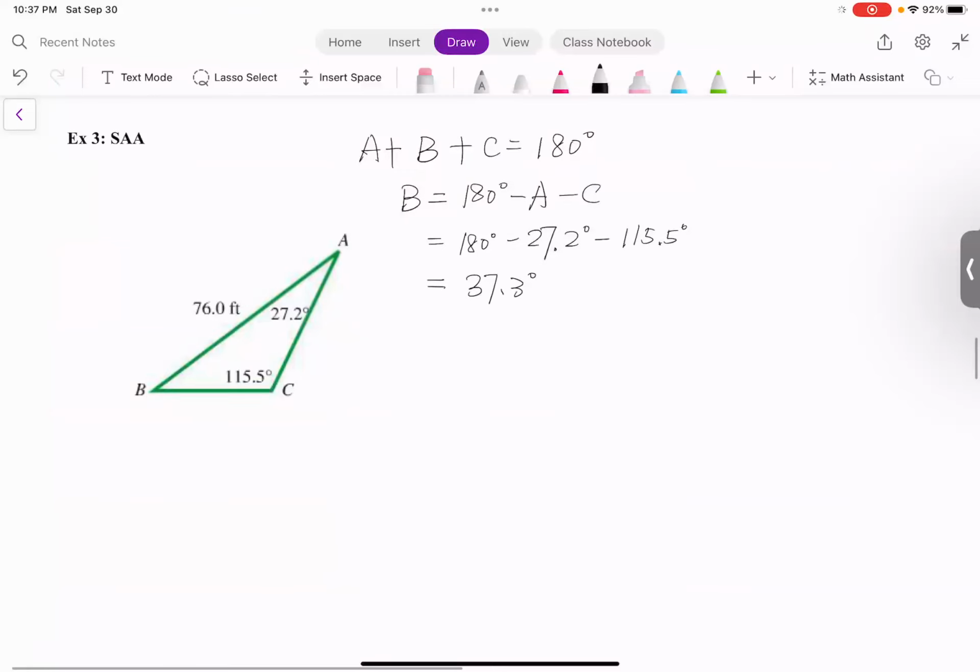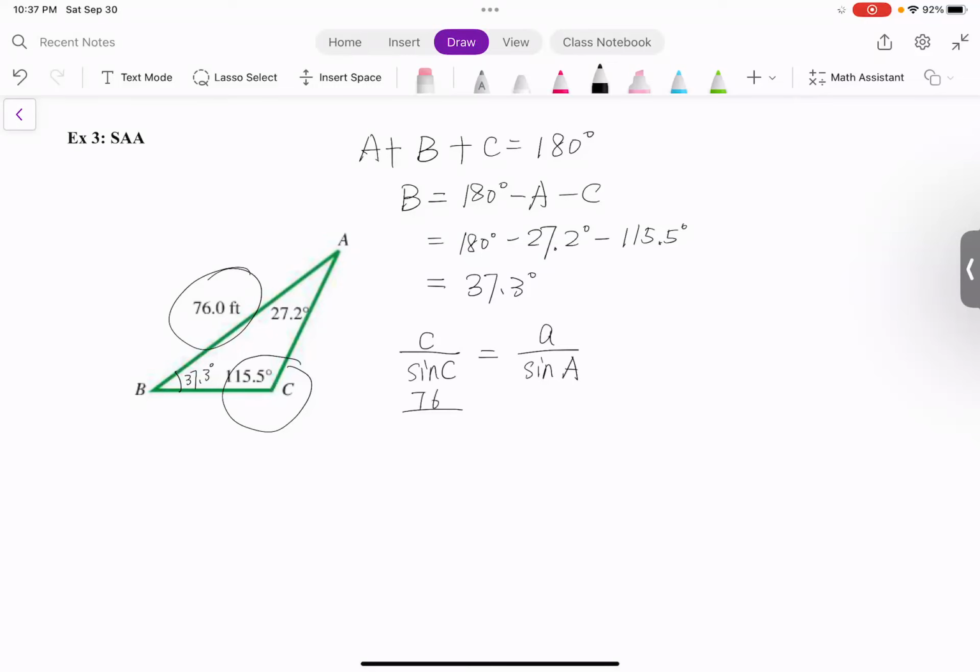So what is the given? Now I found the B is 37.3 degrees. So I know the angle C and the opposite of the C, that's the length of the lowercase c. Okay, I can list the equation here. So lowercase c over sine C equals, if I'm looking for the A first, A over sine A. So c is given as 76.